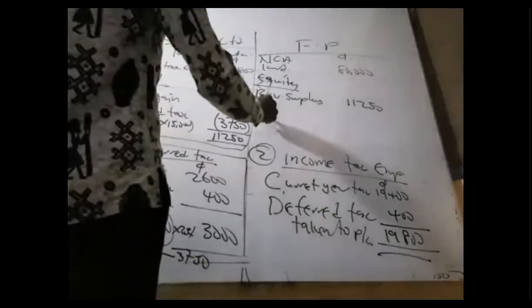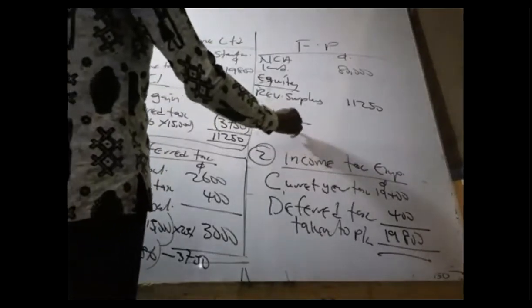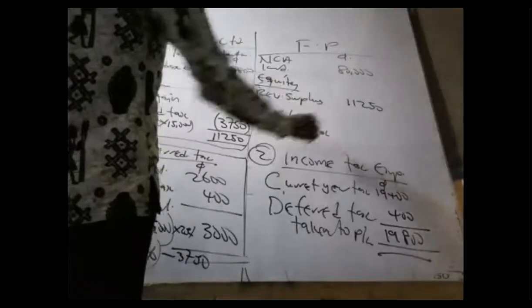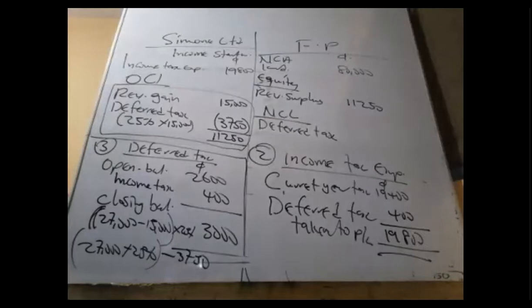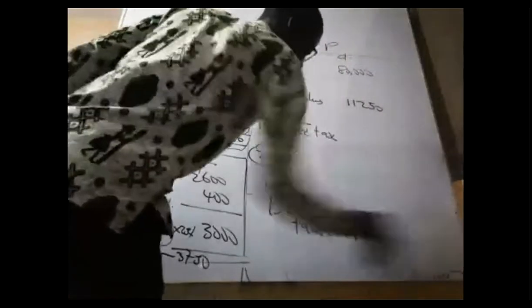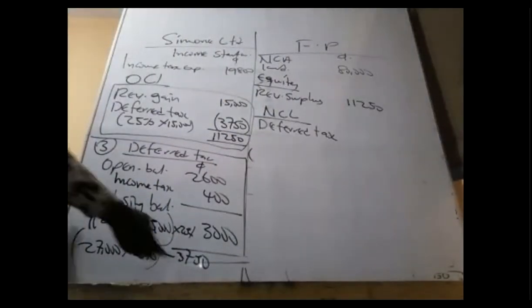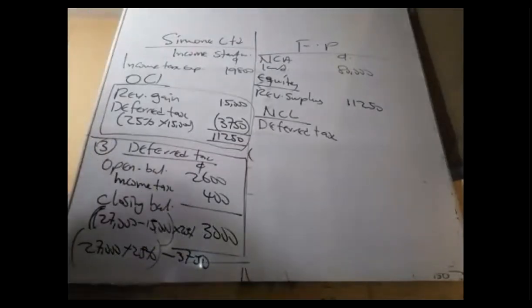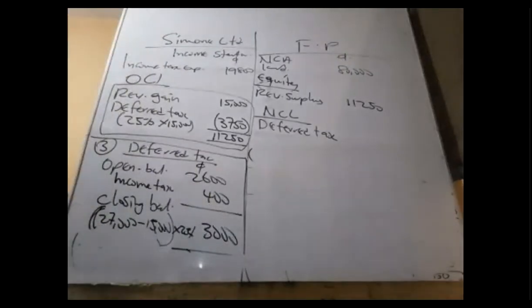Then I'll go to non-current liability and write deferred tax. Now over here, be careful. With the deferred tax, we normally pick the closing balance, this 3,000. But this 3,000 does not include the deferred tax of what?